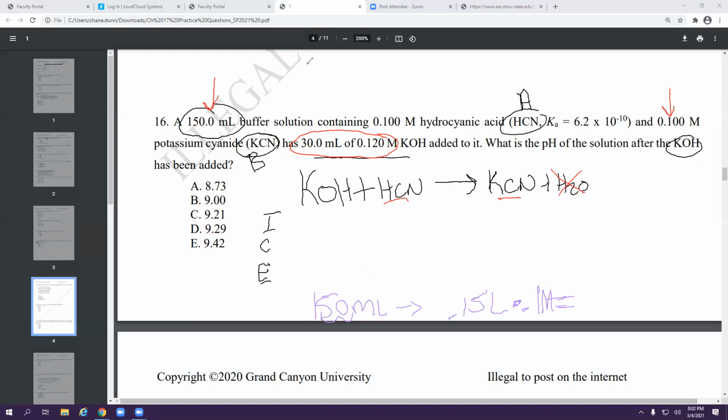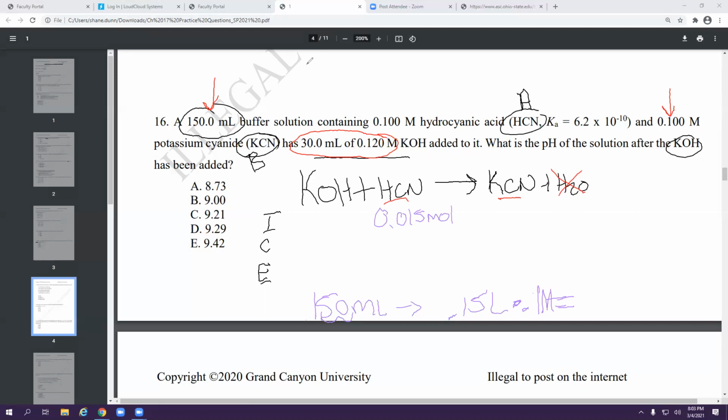I'll use a graphing one. That way I can use these real quick. I'm back. Okay. So 0.15 times 0.1 gives you 0.015 moles.